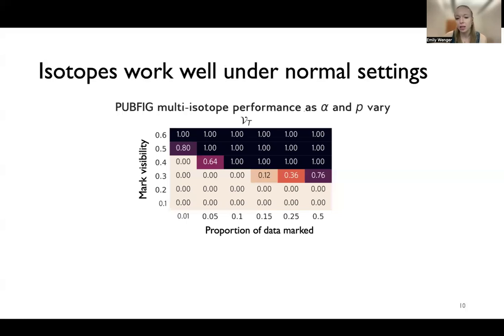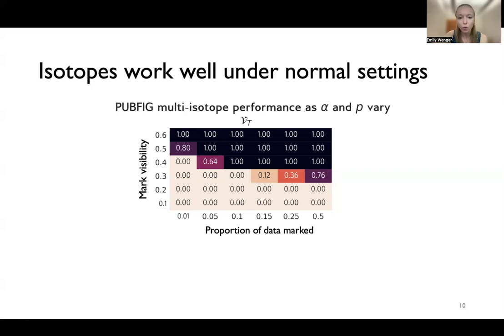Here is just a base evaluation setting for isotopes. This is performed on the PubFig data set with several different classes marked, which is why we call it multi-isotope performance. The heat map here shows isotope verifier true positive rate as rho on the x-axis, the proportion of data marked, and alpha on the y-axis, the mark visibility.